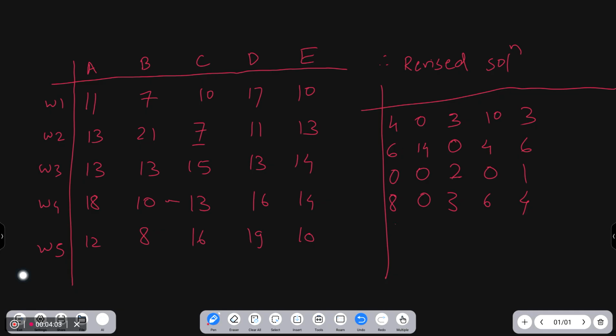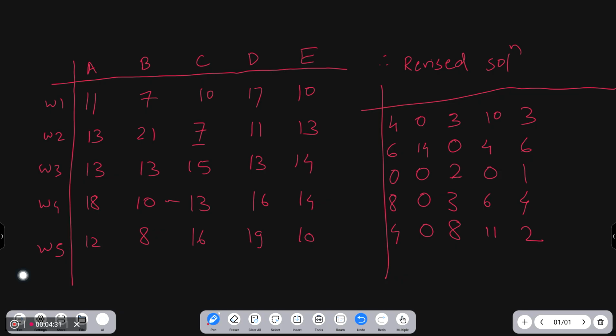Therefore, 4, 0, then 8, then 11, and our last one is 2. Check the calculation whether the obtained revised solution is correct or not. It is correct. Right?